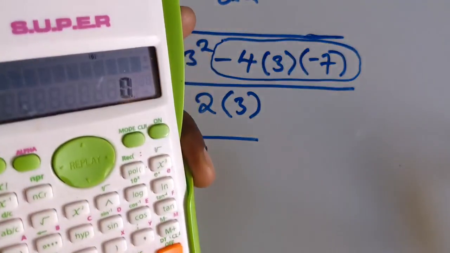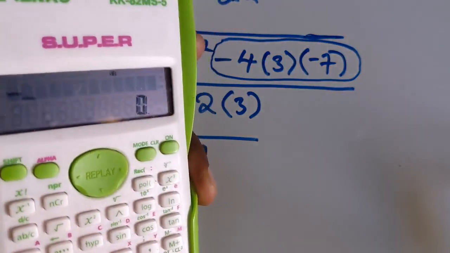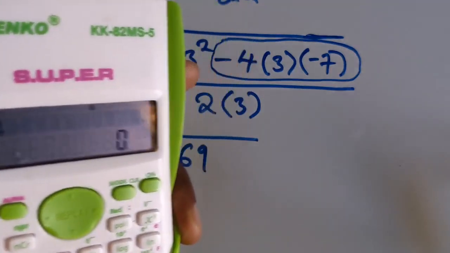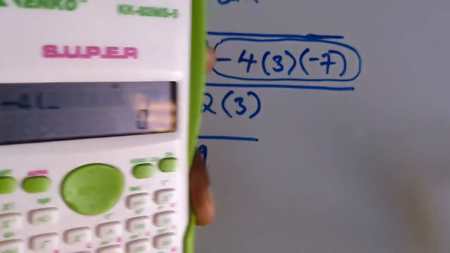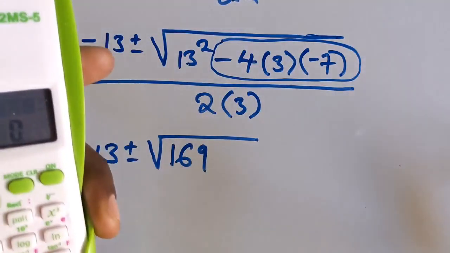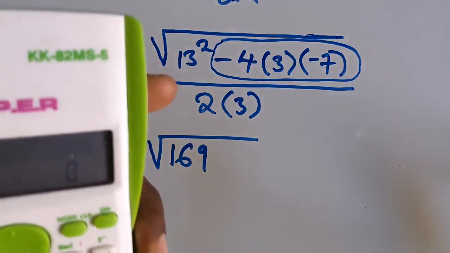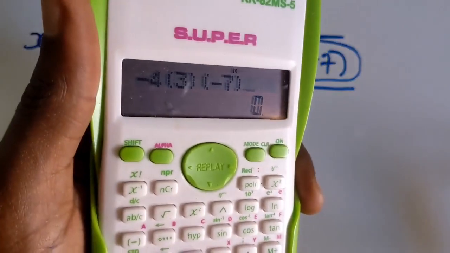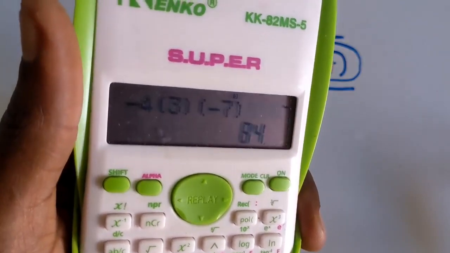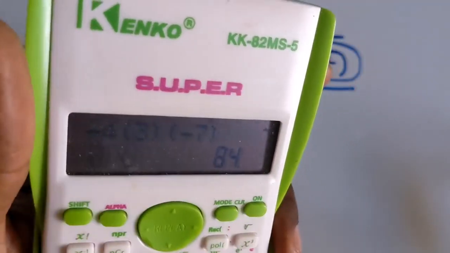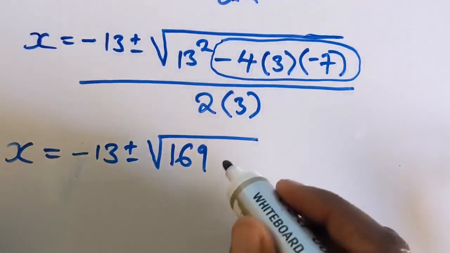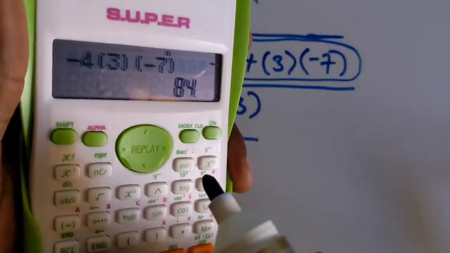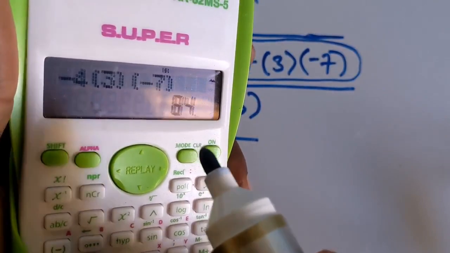So you say -4. Then you open the bracket, 3, close the bracket, open the bracket, -7, close the bracket like this. Then punch it on your calculator. It will give you that number. This is a positive number, positive 84.